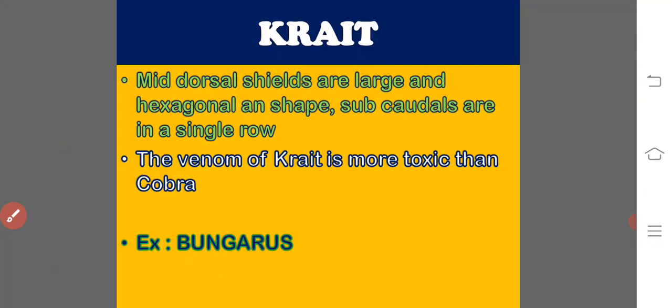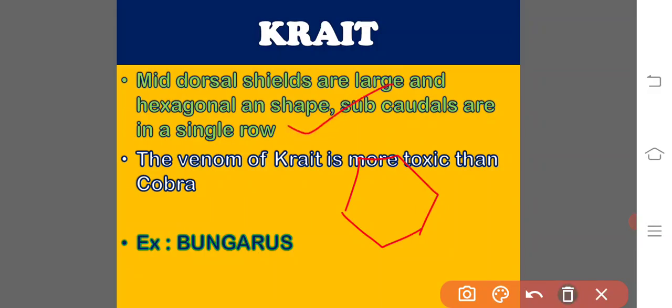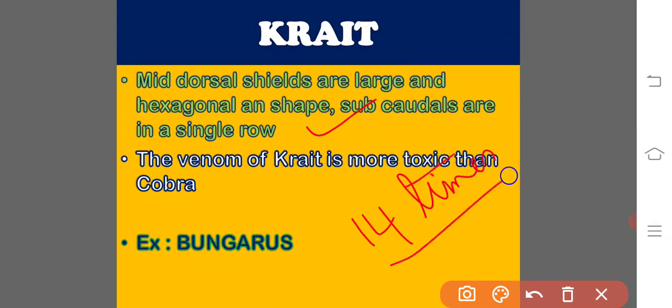Then in the krait, the identification characters are that mid-dorsal scales are large and hexagonal, looks like benzene, hexagonal in shape. Subcaudals are in a single row. The venom of krait is about 14 times more toxic than the cobra venom.